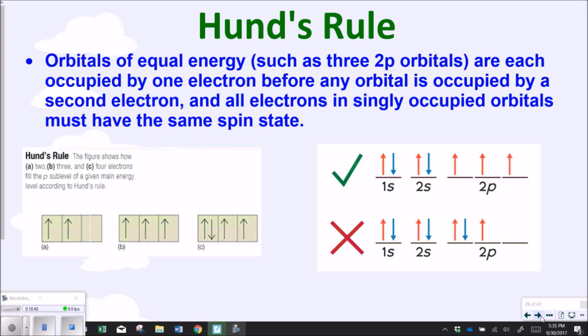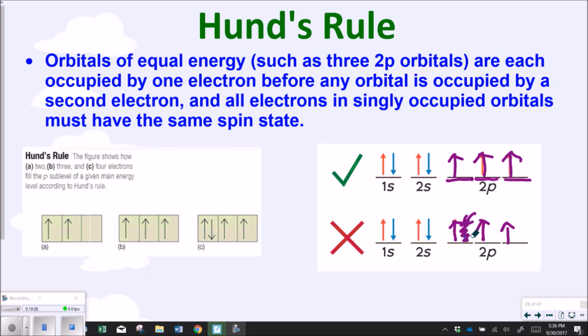What this means is that when you have orbitals such as p orbitals, which all have the same energy, for example 2p, when the electrons come in, they come in singly, and they have the same spin state. So it would be wrong to go singly and then double up here before you put a single one here. So that arrow should not have gone here.